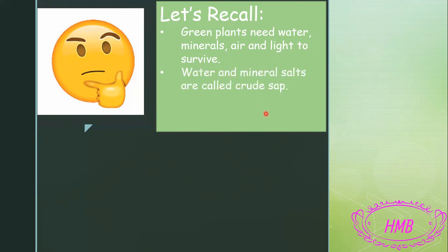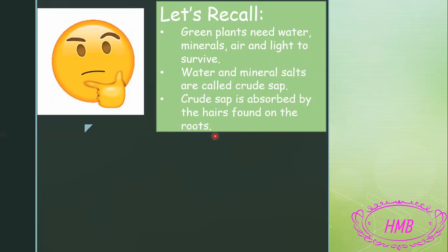If you remember, we talked about the nutritive solution, and we said that the nutritive solution is made up of water and mineral salts that are called crude sap. Also, we took in the last part, crude sap is absorbed by the hairs found on the roots, of course after an experiment that proved this information.